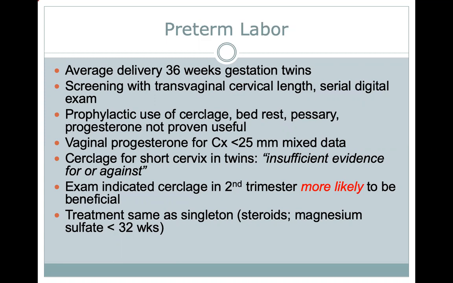So again, this is something that has changed in recent years. Treatment for preterm labor in those patients who come in is really the same as singleton. That is, with the use of steroids, the use of magnesium for neuroprotection less than 32 weeks, and obviously antibiotics for GBS prophylaxis. Next slide.